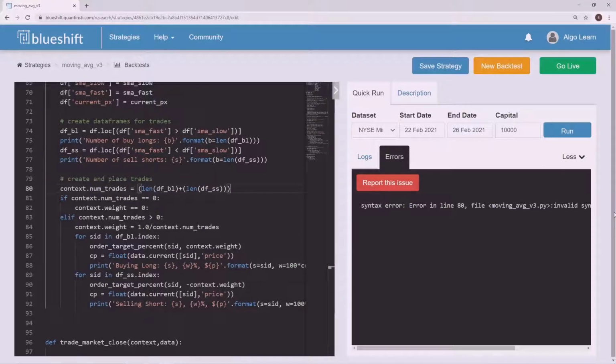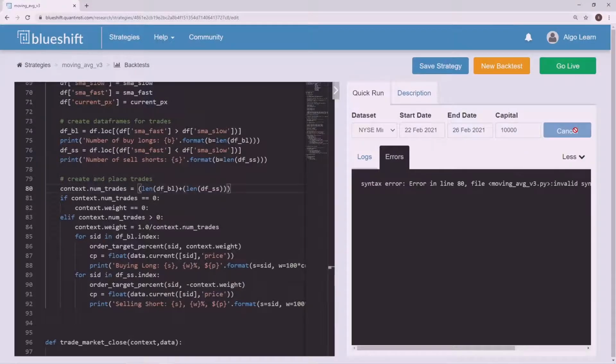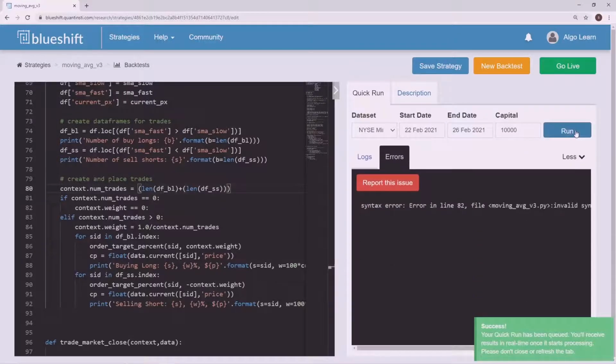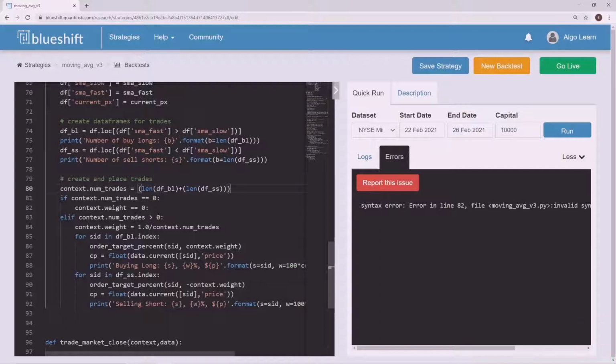All right, so we clean that syntax up. Oh, context weight.